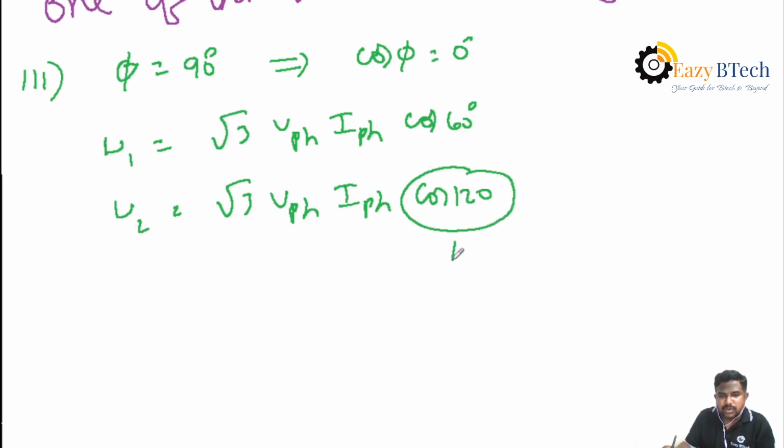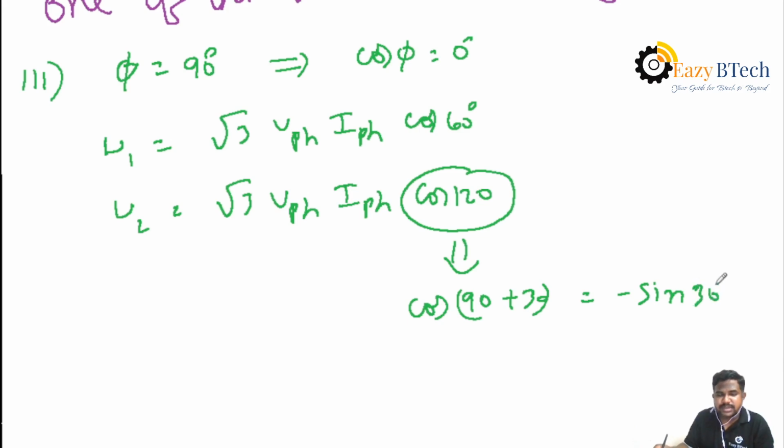This cos 120 degrees we write as cos of (90 plus 30). Cos of (90 plus theta) gives minus sin theta, that is minus sin 30.